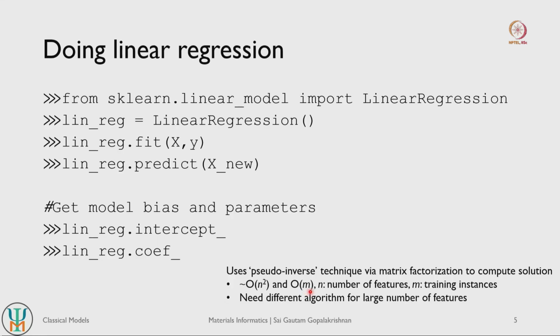So for larger data sets, it scales linearly with the number of data points and square with the number of features. So if you have a large number of features, this algorithm will get very slow very quickly because it scales as a square of your number of features. So for any models that have a large number of features available, we probably need a different algorithm.